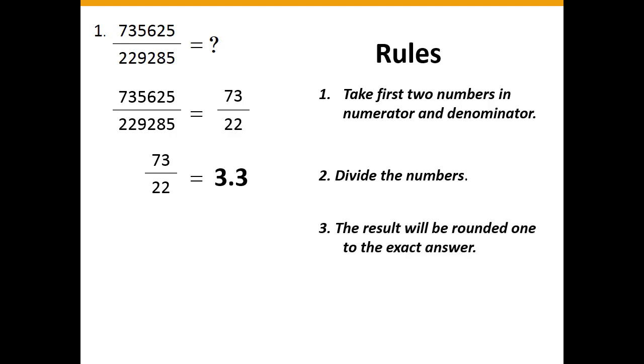Okay friends, then the result will be rounded to the exact answer. What they are saying means the 3.3 is the answer for 73 by 22, and it is the final answer for the question, but it is not the exact answer. Okay friends, we rounded the exact answer to 3.3.